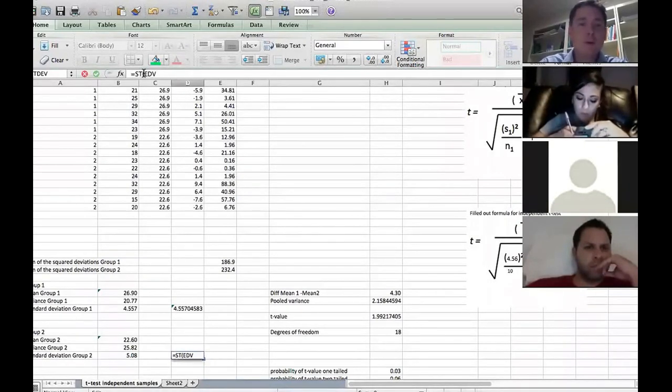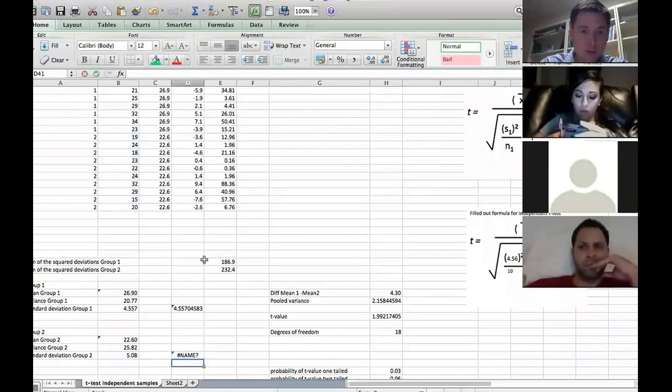and then I open the parentheses, I say, okay, we want to have group 2. I select the area that I need for group 2, close the parentheses, hit enter, and now it should calculate this.